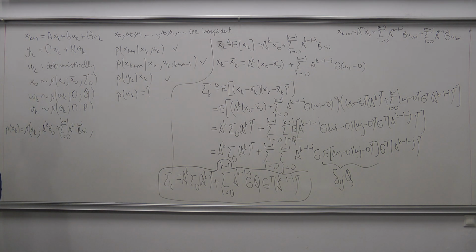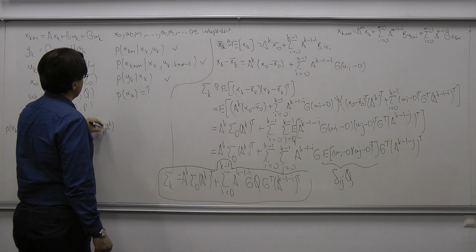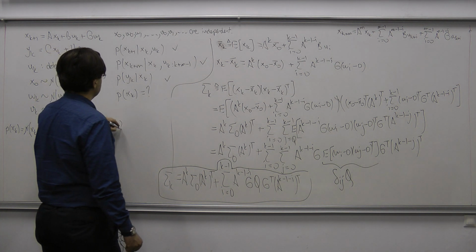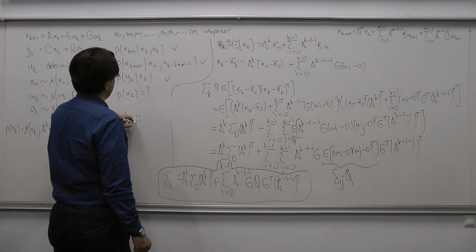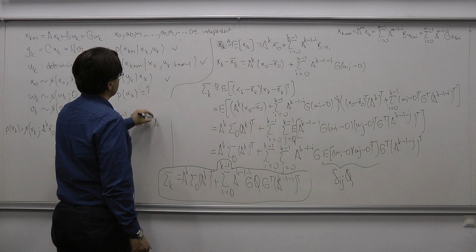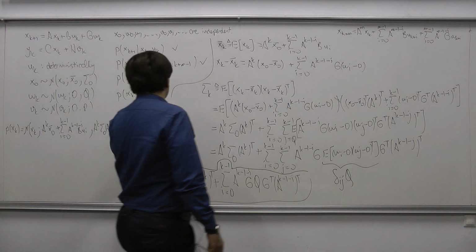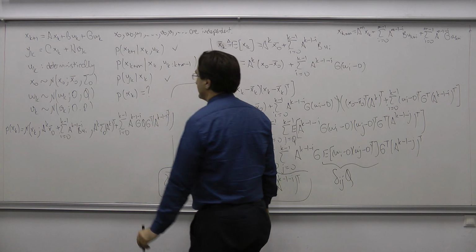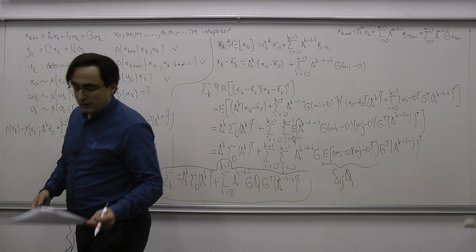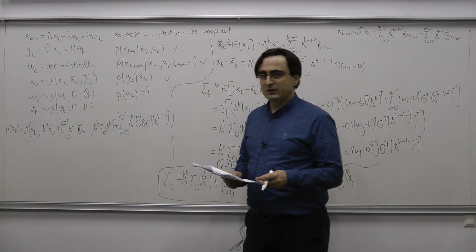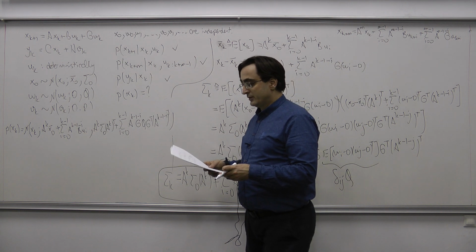This is the mean. And finally, I have the covariance: A^k Sigma_0 A^k transpose, plus the sum over i from 0 to k-1 of A^(k-1-i) G Q G transpose A^(k-1-i) transpose. And I need to close the parentheses of the Gaussian here. So you see that we could find the unconditional PDF of the state using the properties of Gaussian random variables.